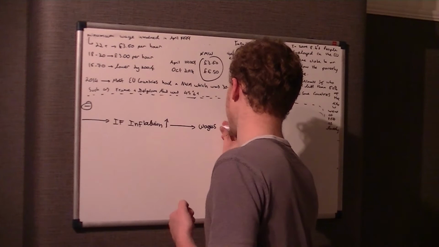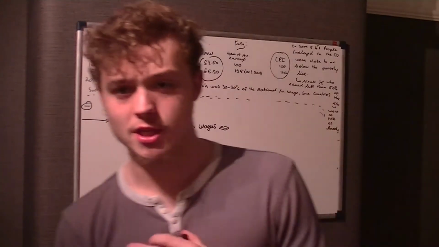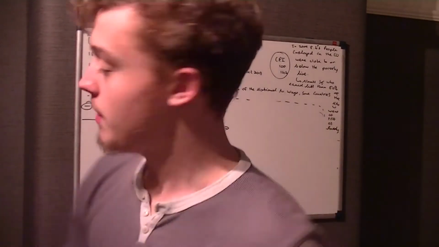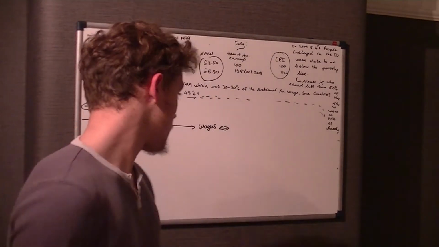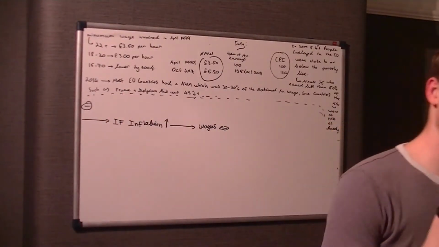Now we were talking about real wages before. Real wages are the wages adjusted for inflation. So basically there was that 37% gap between the increase in the inflation and the increase in the wage rate. If the wages have been kept constant, so we've got a wage rate here and the inflation rate here.